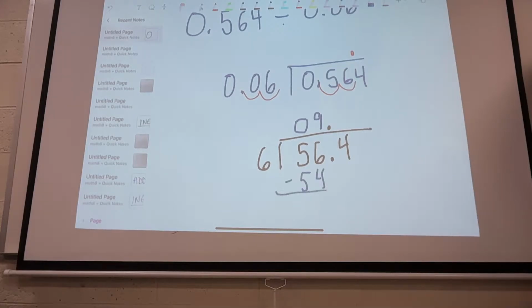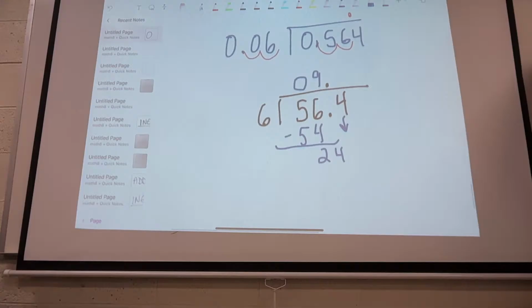Okay. Subtract. Bring down the 4. 6 into 24. Quincy, how many times does 6 go into 24? 4, because 6 times 4 is 24. So the answer is 9.4.